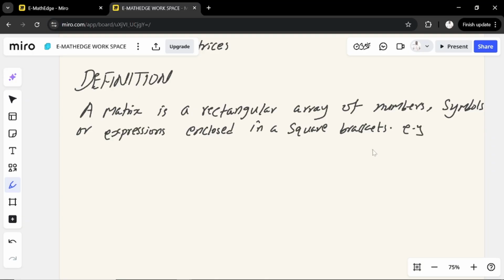So a matrix is a rectangular array of numbers, symbols, or expressions enclosed in a square bracket.